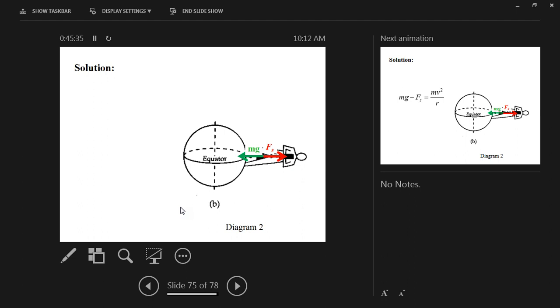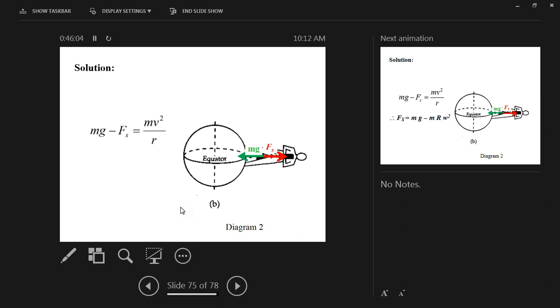And this resultant force is provided by mg minus Fs. There are two forces acting on the object, namely the weight mg and the reading on the scale, which is Fs. So these two cannot be equal in magnitude. Your mg must be larger. mg minus Fs must be equal to centripetal force.